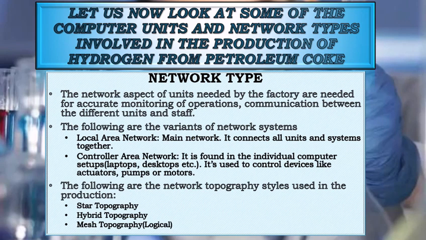They also rely on controller area networks, CAN, which operate within individual computers to manage devices like actuators or pumps. Regarding structure, we use star topology for centralized control, hybrid topology for flexibility, and mesh topology for reliable communication paths.